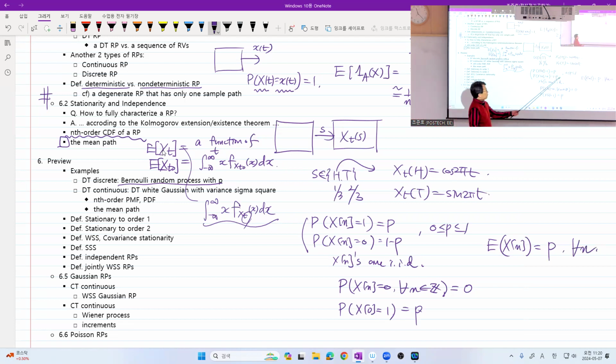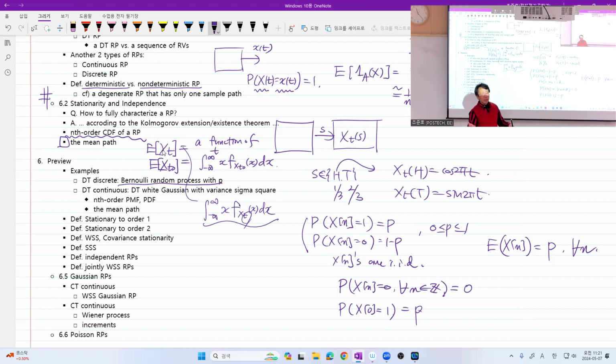Now, what if p is greater than 0 and less than 1, for example, 0.5? The mean path has value 0.5 for all n, and there is no such sample path in the ensemble. Got it? So the ensemble average, the mean path, may be drastically different from the sample path.